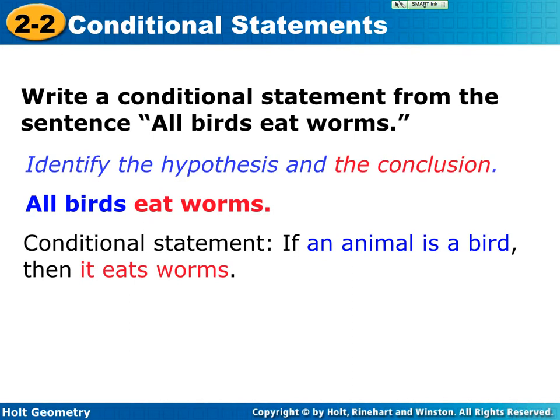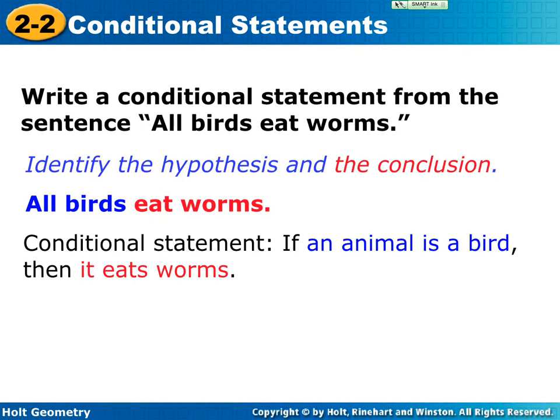I can't hear you. If you are a worm. No, like, no. If a bird eats it? Okay, we want to make it, Malia, we wanted to say what this says. All birds eat worms. So what's the thing we start with? We're starting with a bird.